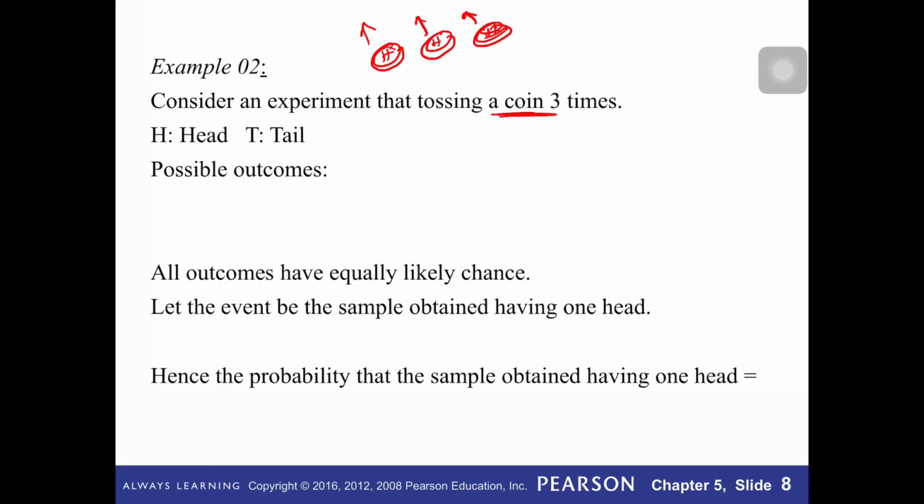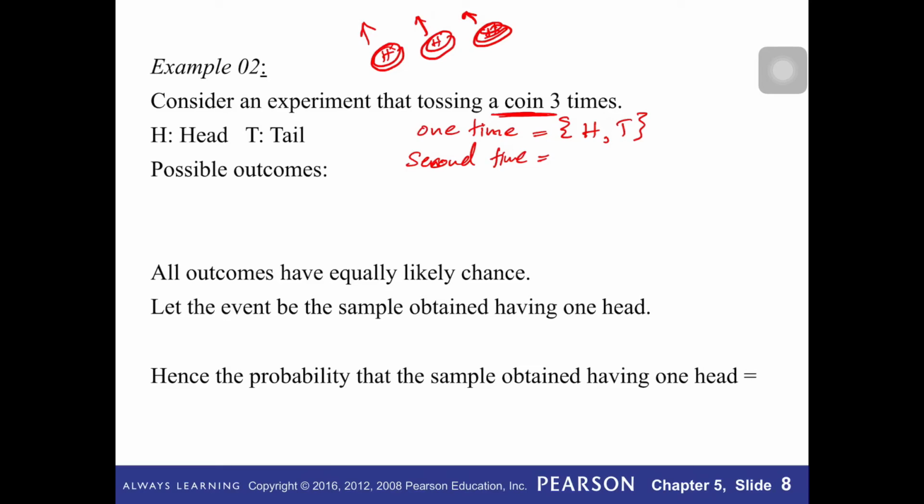So what are the possible outcomes? If I flip a coin once, or first time, what are the possible outcomes? Head or tail, right? What happens second time? Second time, same outcomes, head or tail, but there is a situation you need to consider. In second time, you have to consider previous results. You cannot simply say head and tail.